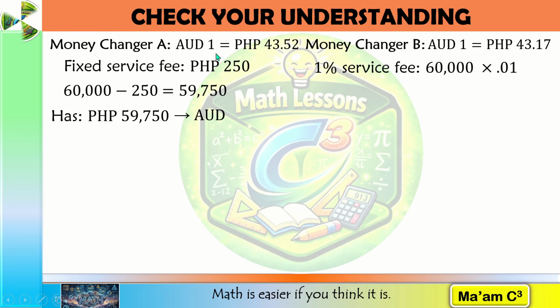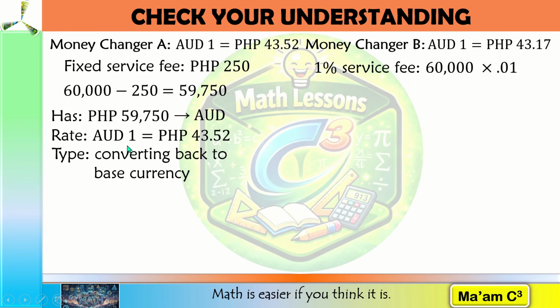The given rate is 1 AUD equals 43.52 PHP. Since they are the same, this means we are converting back to our base currency. And in this case, we are going to divide. 59,750 divided by 43.52 is 1,372.93.